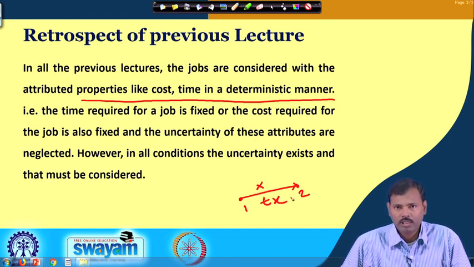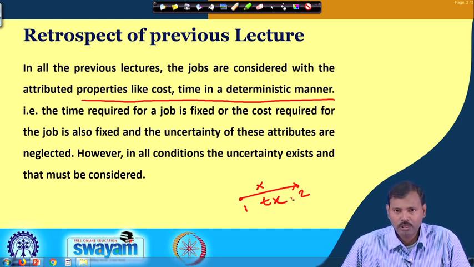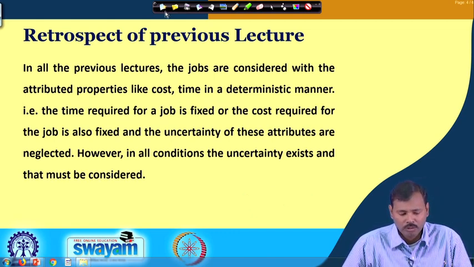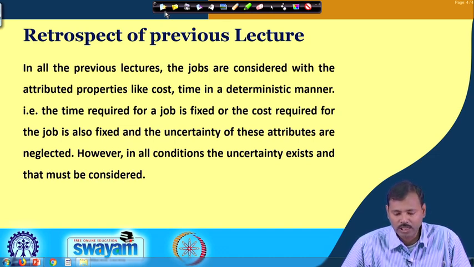There may be difference in the speed, there may be difference in the traffic. So, that is why the time requirement may be different in different conditions, but that part is not considered in the critical path method analysis that we have considered till date. The attributed properties like cost, time are considered in a deterministic manner, and that is why the uncertainty in those properties is not considered.